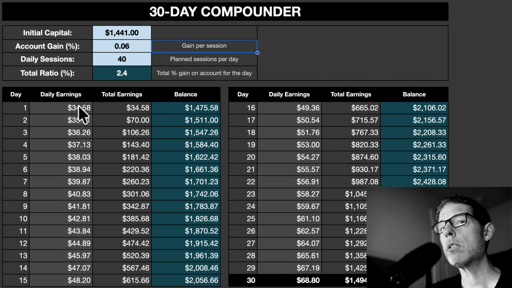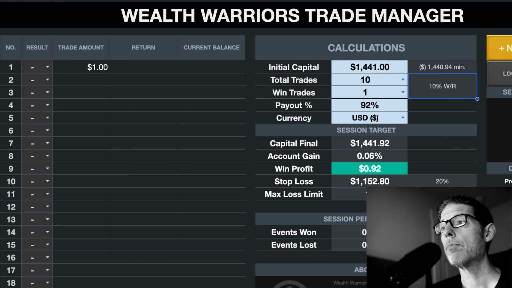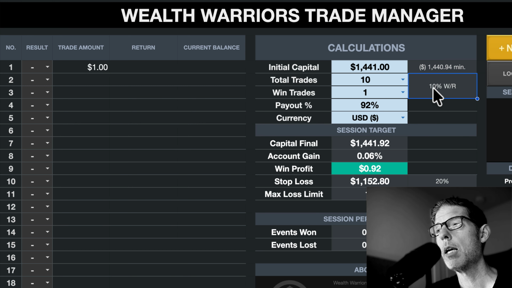And it looks very similar to the other capital, but you can see here, it's going to take you over 30 days to eventually get to that $100 a day mark, okay? However, you only have to win 1 out of 10. So it's not as risky, right? So you've knocked down the win rate from 11, now you're down to 10%.